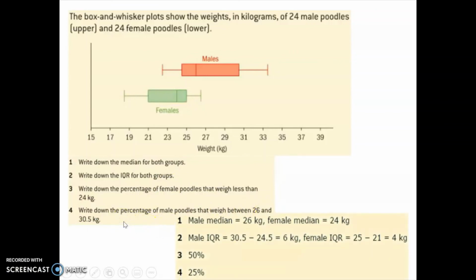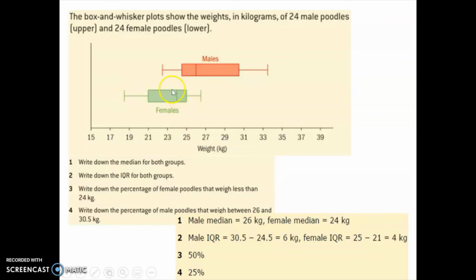Okay, I hope those questions were not too bad. Again, here are our median values, and that is just found by this middle marker here. For the male IQR, you just do Q3 minus Q1, and for female, Q3 minus Q1. Those are the IQRs. For the percentage of female poodles that weigh less than 24, you look at this and see that 24 is actually the median value.